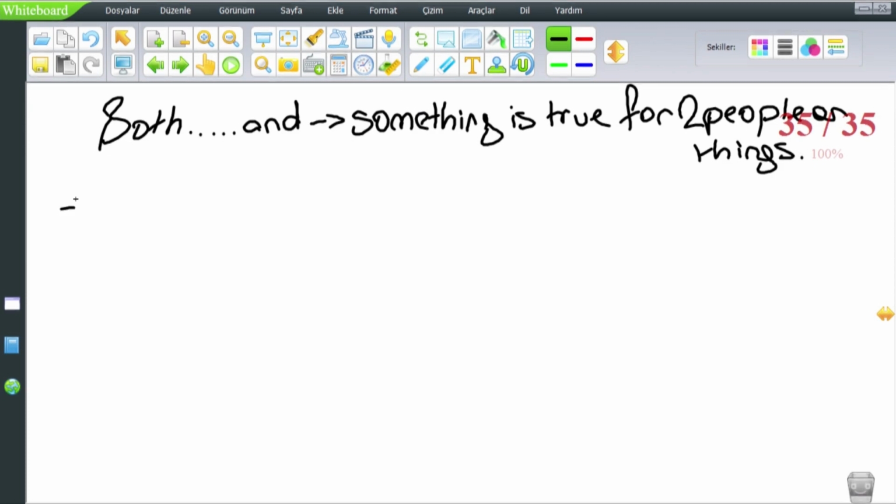And we use a plural verb. I'm going to write the same example using both, making it affirmative.